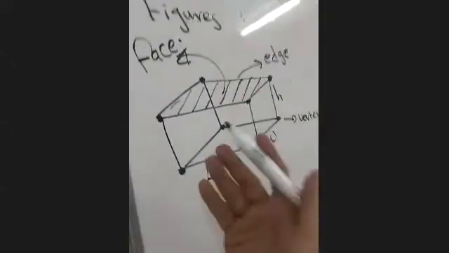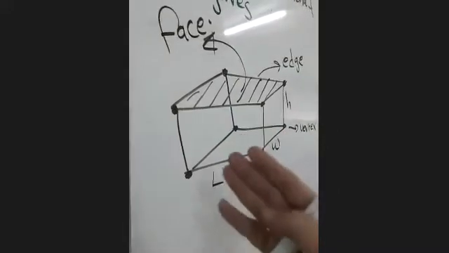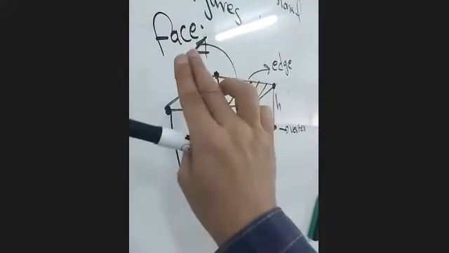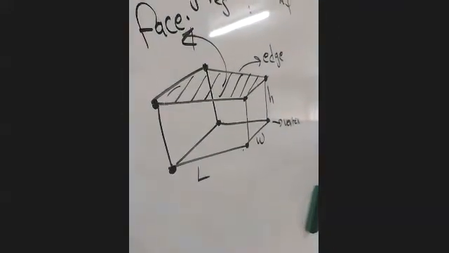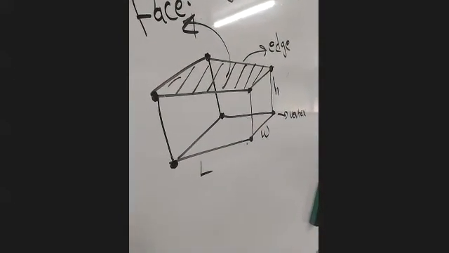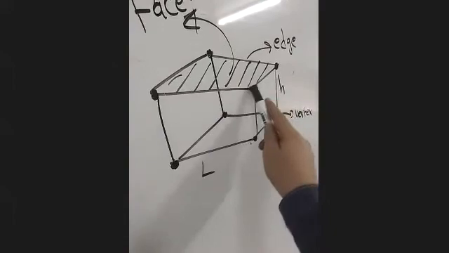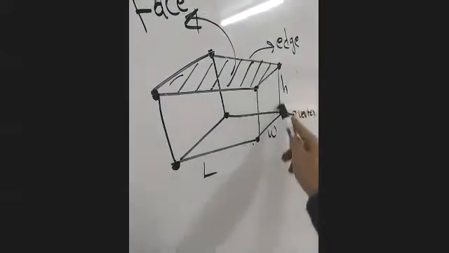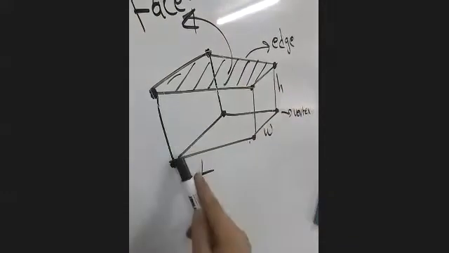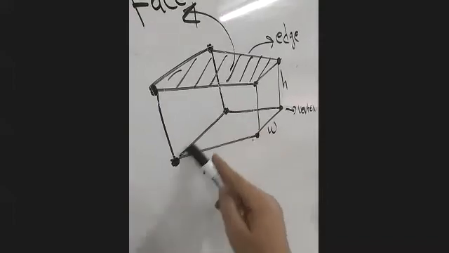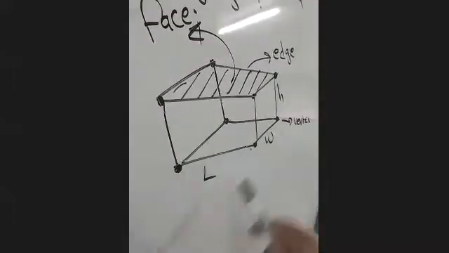But how many faces do we have, guys? We have 6 faces, the roof, the floor, and 4 sides around. But how many edges do we have? Let's count them together. 1, 2, 3, 4, 5, 6, 7, 8, 9, 10, 11, 12. 12 edges.